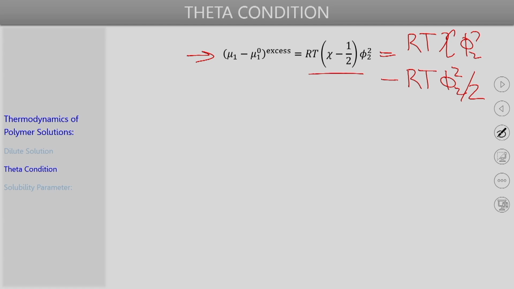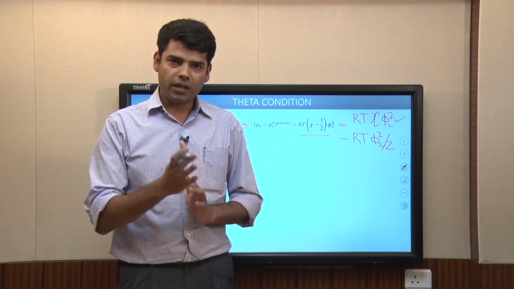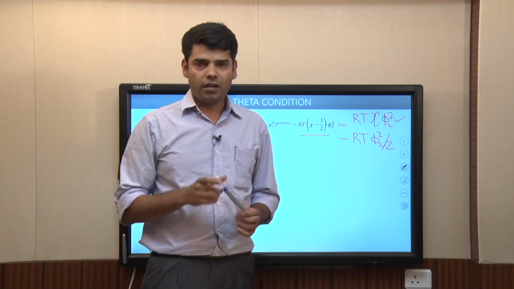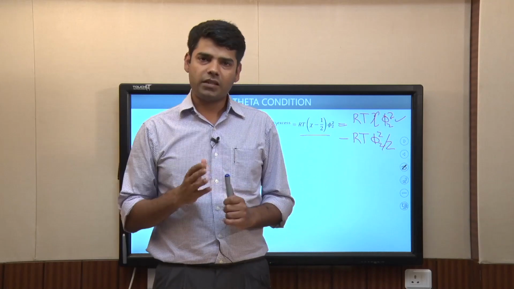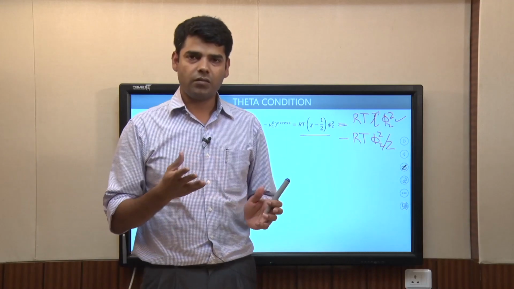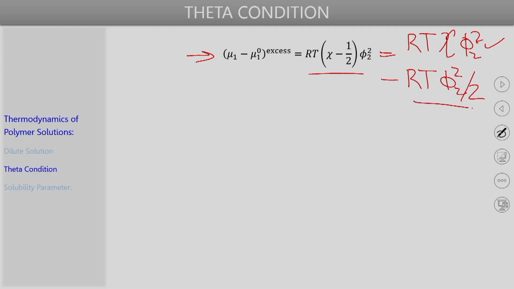The first term, the term containing the chi parameter, if we trace our derivation steps all the way back to the Flory-Huggins equation, basically comes about due to the contact terms, which arise due to intermolecular interactions. And the second term, RT phi 2 square by 2, appears because of the combinatorial entropy change that we had calculated earlier.